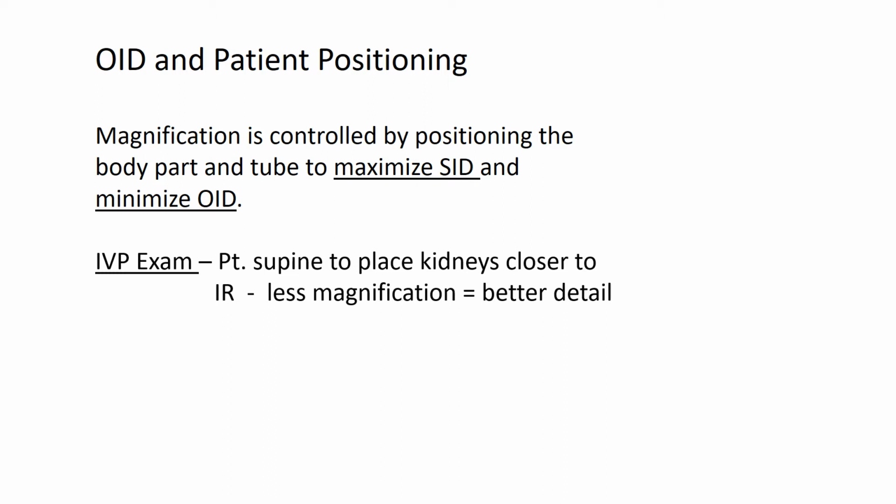Why? To place the kidneys closer to the IR. Remember, your kidneys are more posterior retroperitoneal structures. So if we lie the patient supine, kidneys are closer to the IR, we get less magnification, better detail.